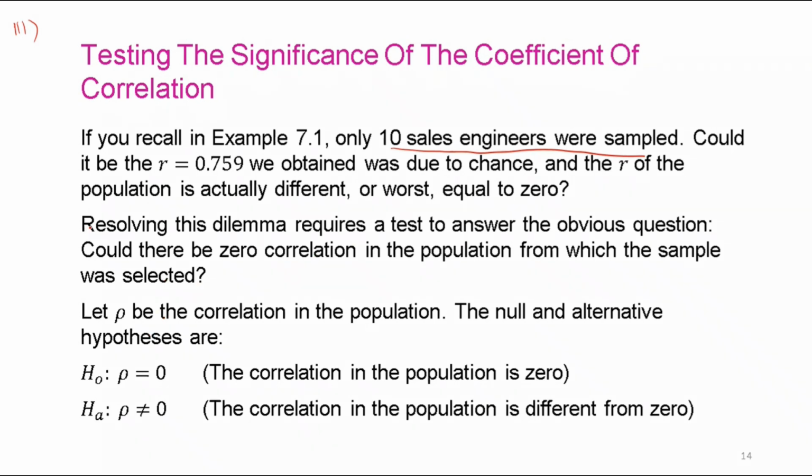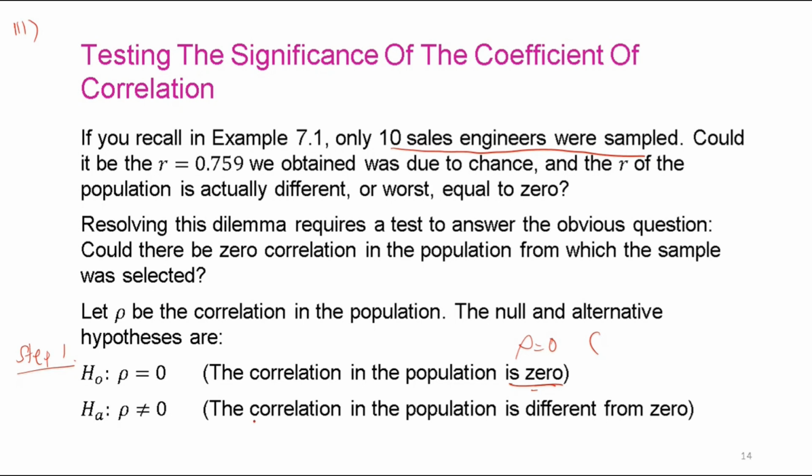Okay, so this is the first step, which is let rho be the correlation in the population. So the null and alternative hypotheses are, step 1. Actually, for the first step it is always the same, rho equal to 0. So that means the correlation in the population is 0. If correlation is 0, it means there is no relationship between the independent and dependent variable.